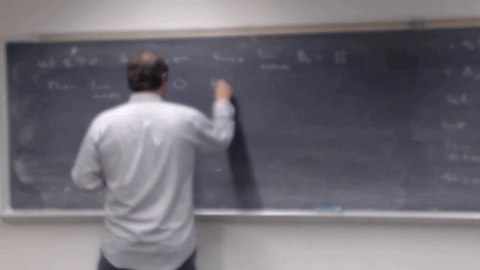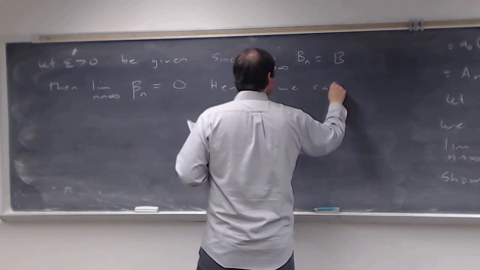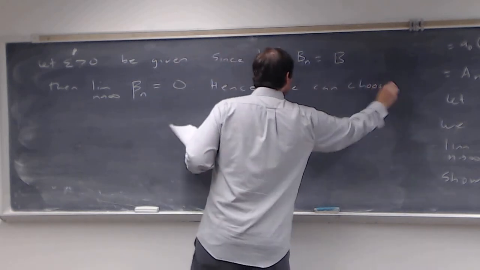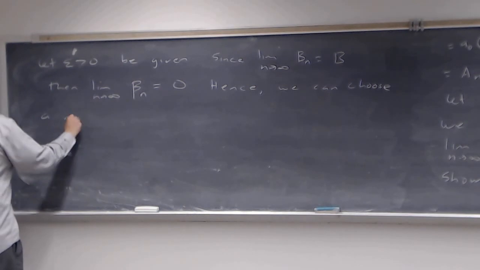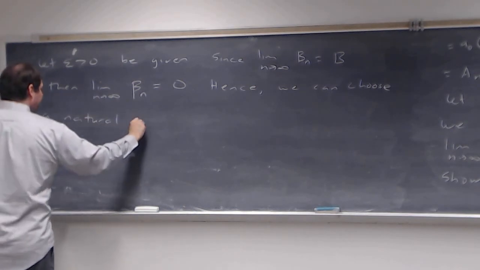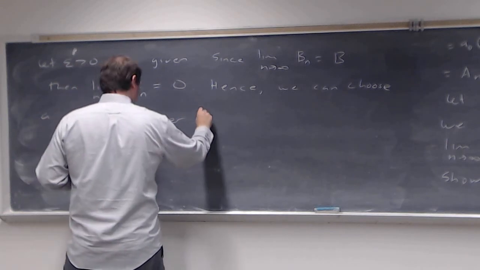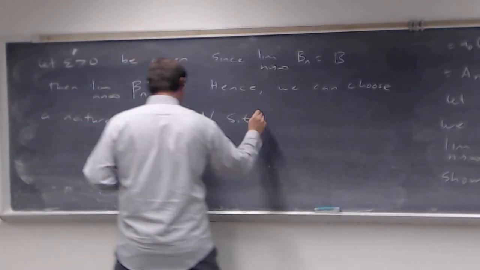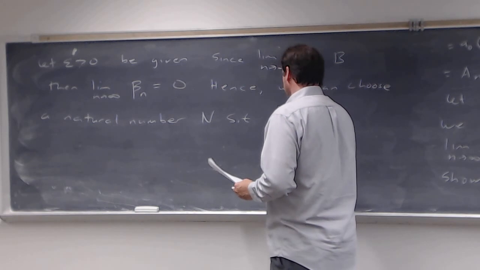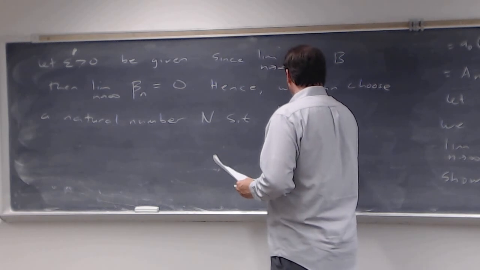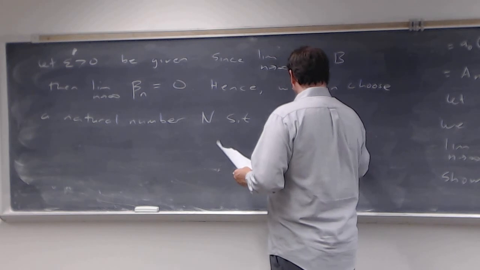Hence, we can choose a natural number, and we call it big N, such that the norm of the beta sub n will be less than, I'm going to say less than or equal to, epsilon.